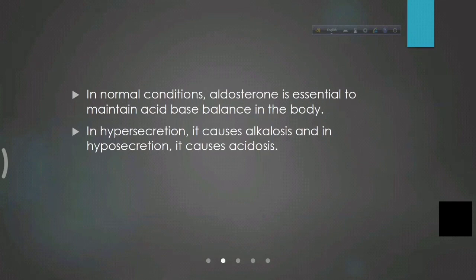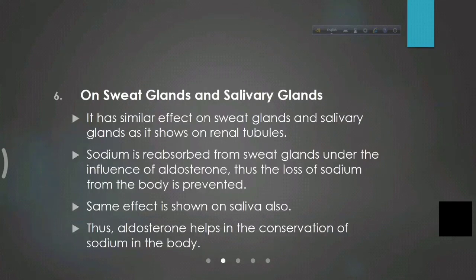On the sweat and salivary glands and also on the intestines, aldosterone has a similar effect in that it increases reabsorption of sodium ions through the tubular epithelial cells of the sweat gland ducts, of the salivary gland ducts, as well as the lining epithelium of the intestines.